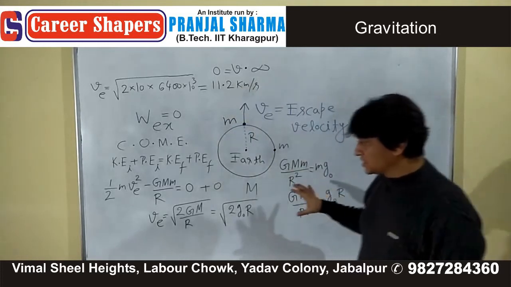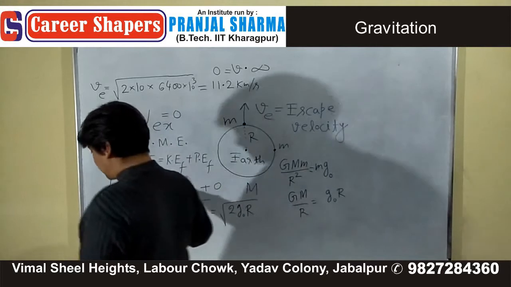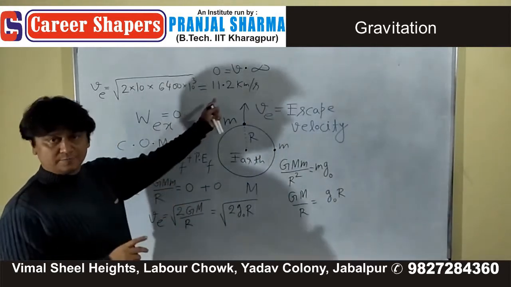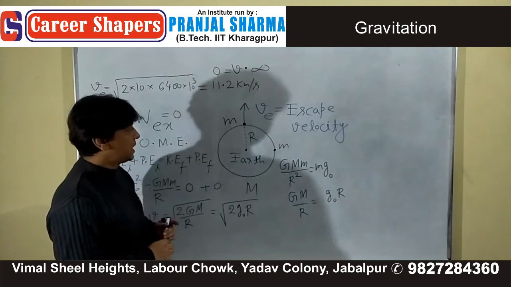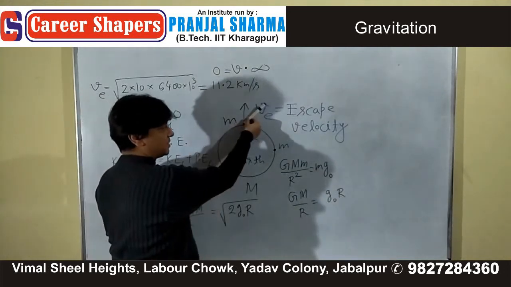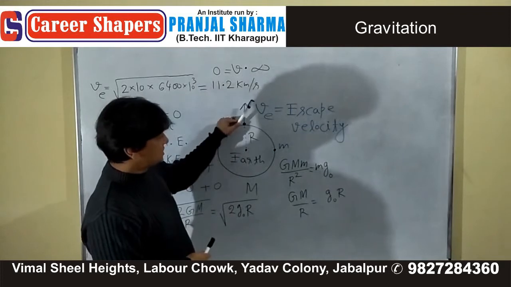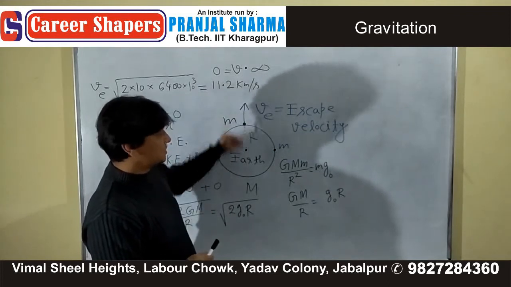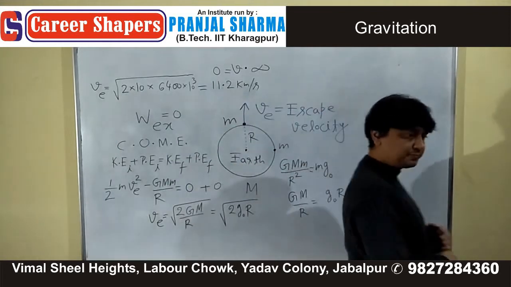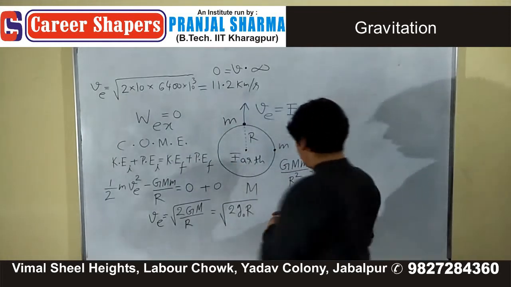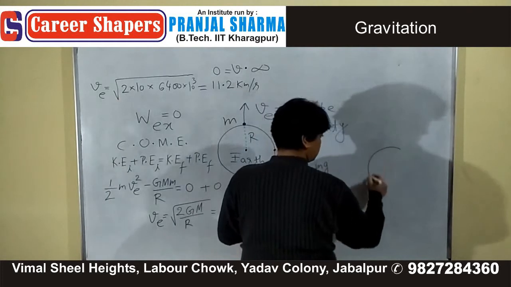Now, this is regarding the magnitude of escape velocity. But what if you throw something at an angle of 45 degrees? If I throw a projectile at an angle of 45 degrees, and then ask you what the escape velocity will be, put this down as a question.